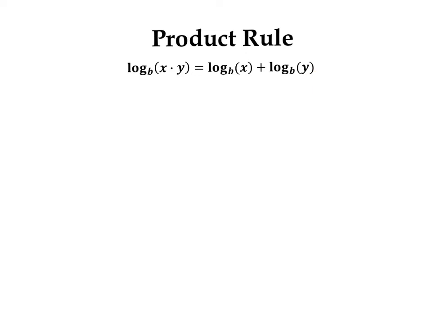And vice versa, you can combine two separate logs into one log. If you're adding them and they have the exact same base, you can multiply what's inside the parentheses and put it together in one. That's what's so powerful about this equal symbol. The equal symbol goes both ways. The left equals the right, and the right equals the left. It's one of the most powerful symbols in mathematics, equality.